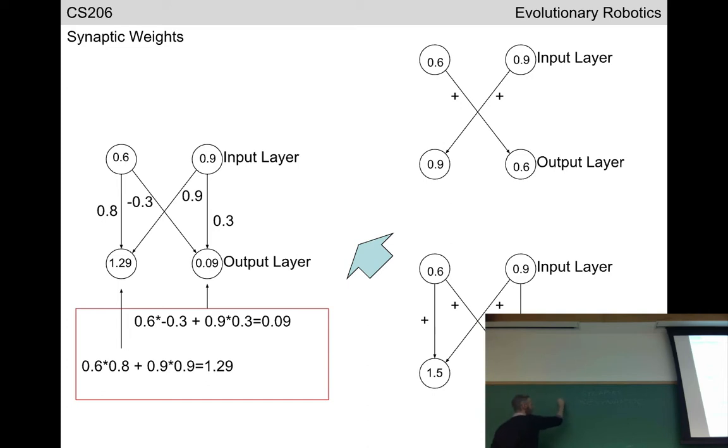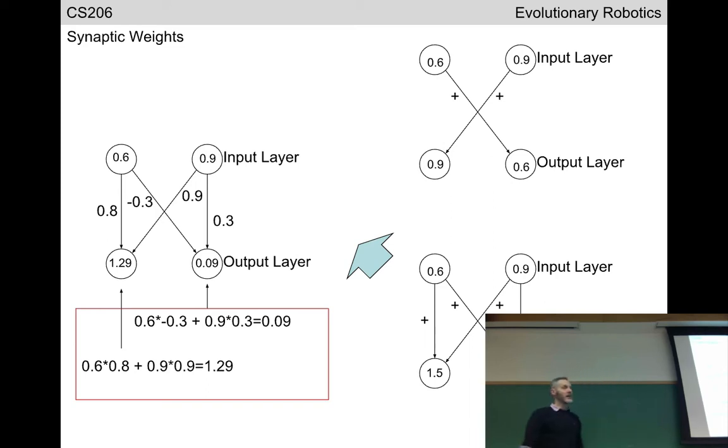Pre- and postsynaptic neurons. So for a given synapse, this synapse has two neurons associated with it. The presynaptic neuron, which is where the value is coming from, and the postsynaptic neuron, which is where the value is going to. Pretty straightforward, right? Okay.